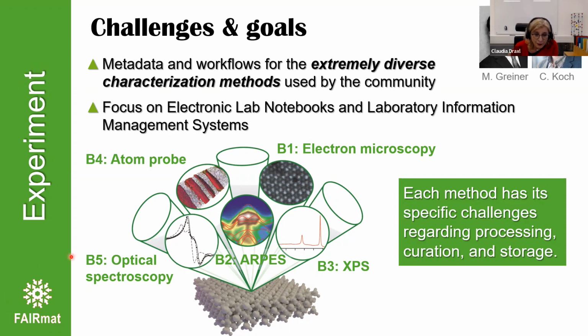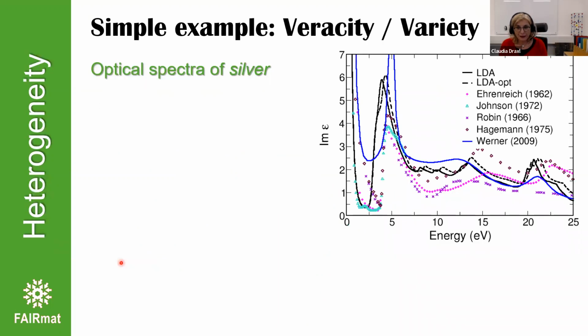Now, let me get back to optical spectroscopy. What I'd like to show here are the problems that we see when bringing together data from different sources. If you measure something or if you compute something, then in the ideal world, you would assume that all measurements on all samples of the same material should give you exactly the same.